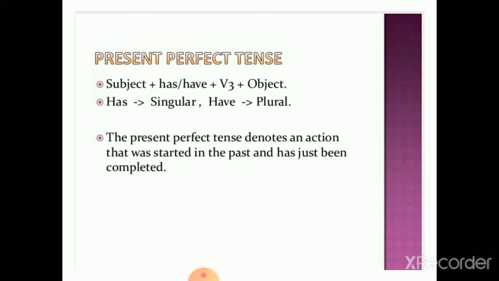Has we will use with singular, and have we will use with plurals. The present perfect tense denotes an action that started in the past and has just been completed.